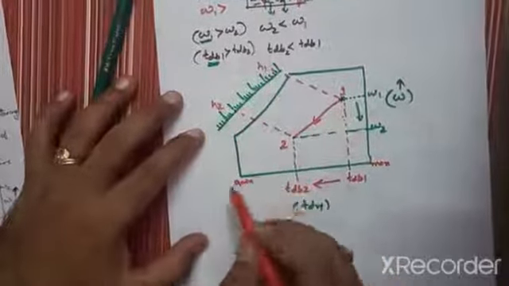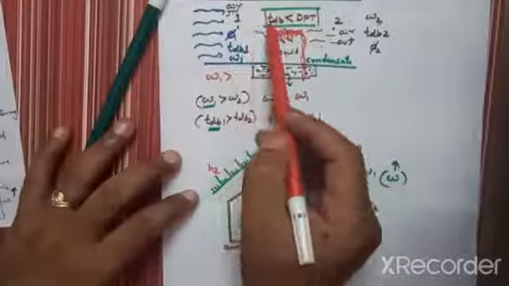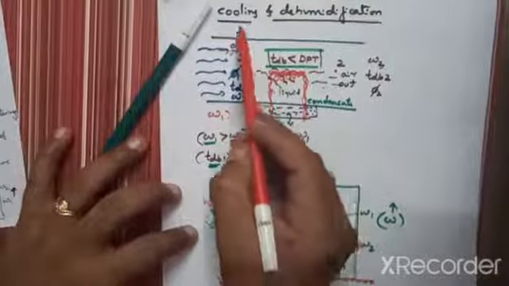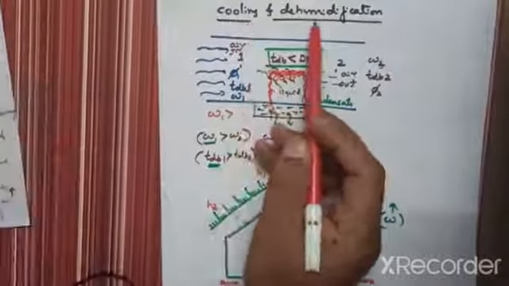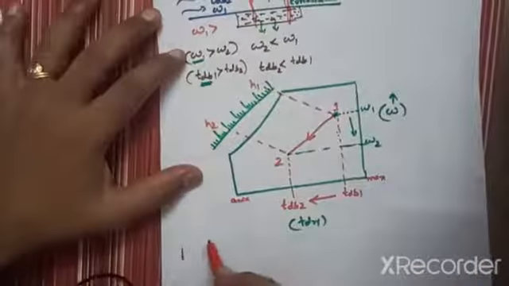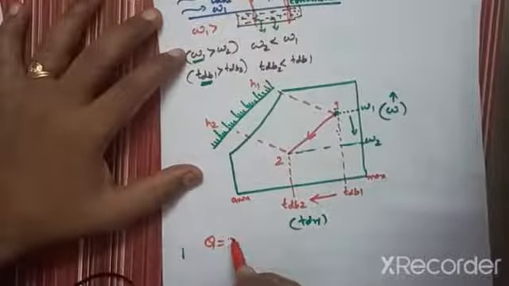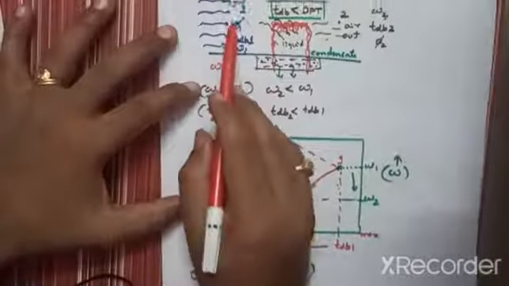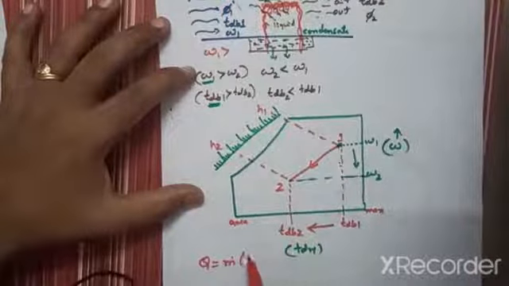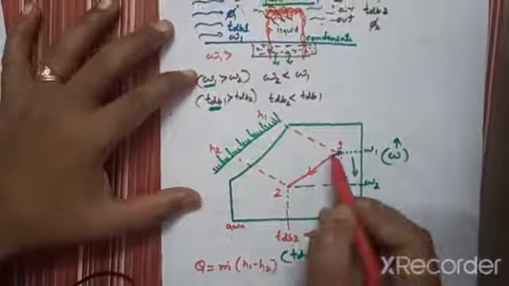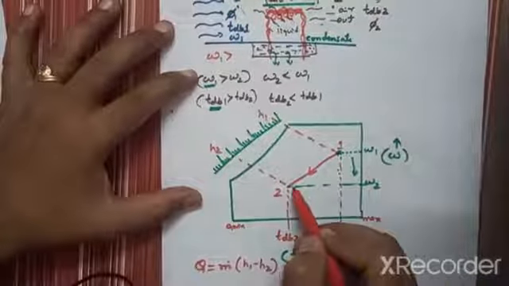If I ask you to calculate the amount of heat released during the cooling and dehumidification process, then Q, the amount of heat released, is equal to m dot, mass of air, multiplied by H1 minus H2, highest enthalpy minus lowest enthalpy.